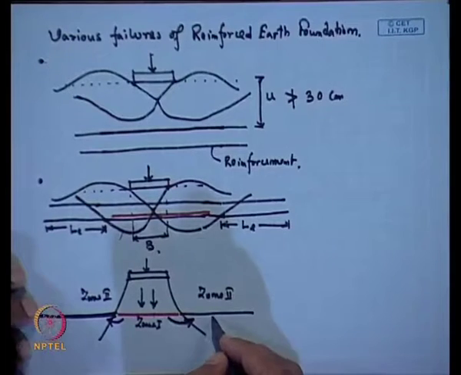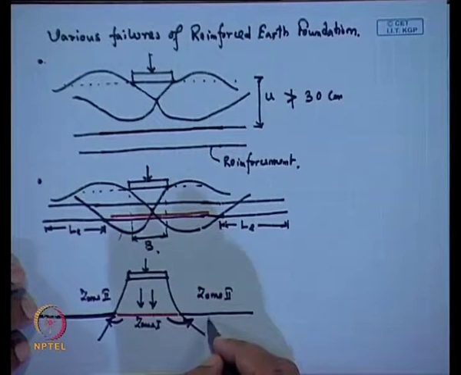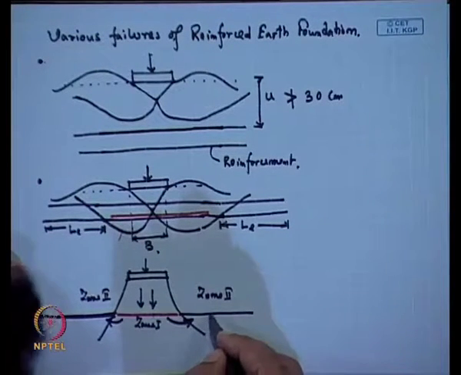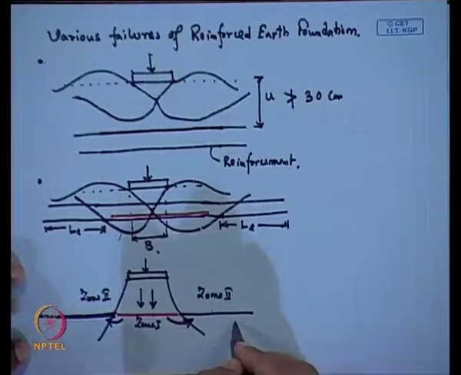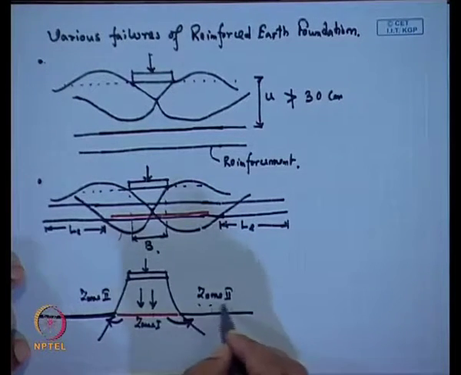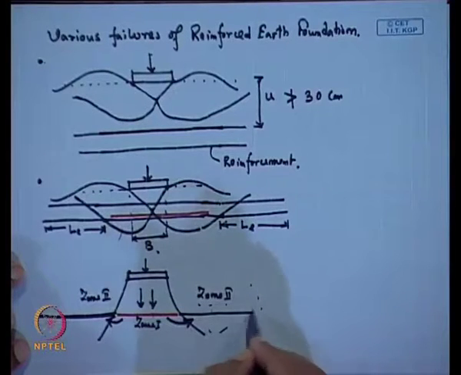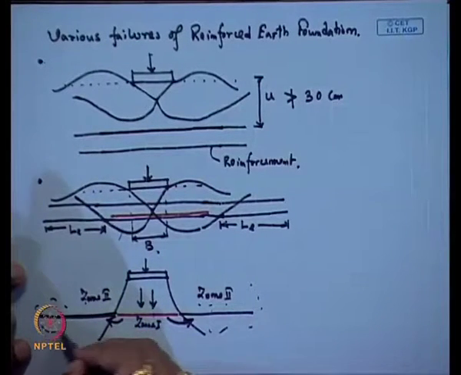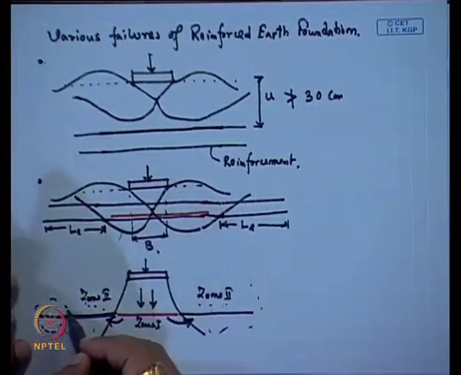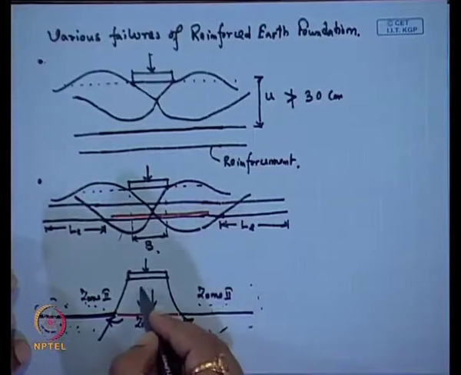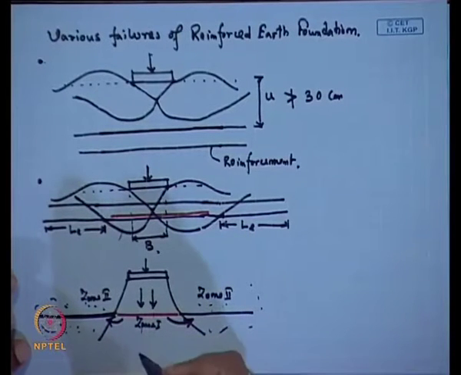The internal friction between this soil and this reinforcement will provide an anchorage within the soil. That means the soil outside will hold this reinforcement on both sides, because of this internal friction mechanism, and the soil in the middle will move downward.